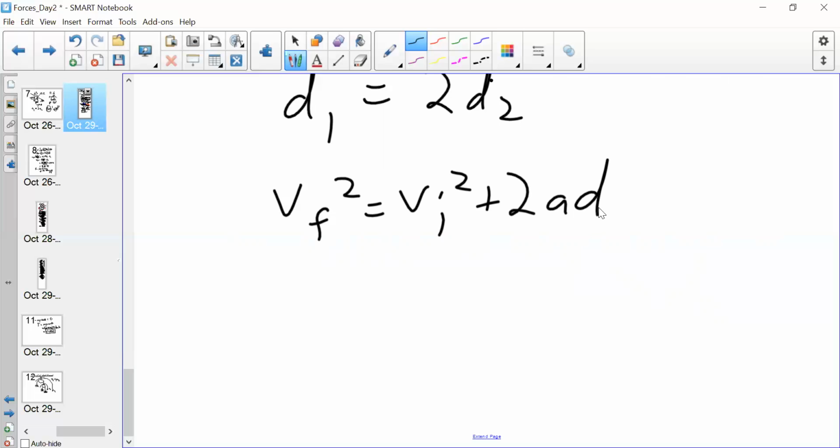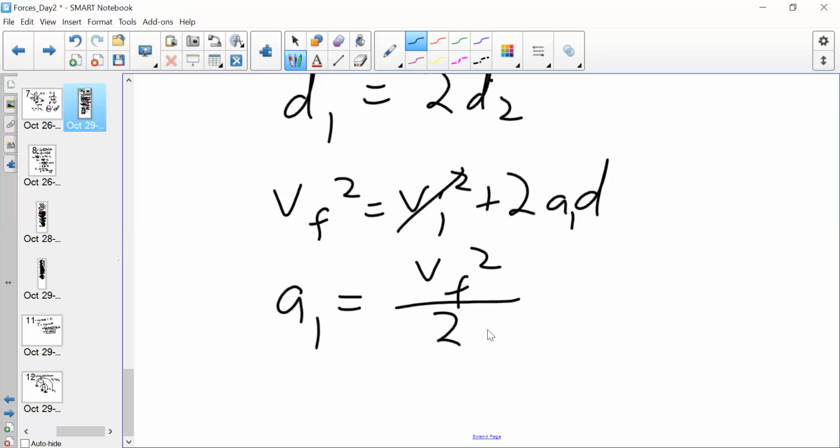Proving it, solving for A1, we know that this goes away. Let's say that this is A1. We'll have VF squared over 2 times D1, 2A1 D1.